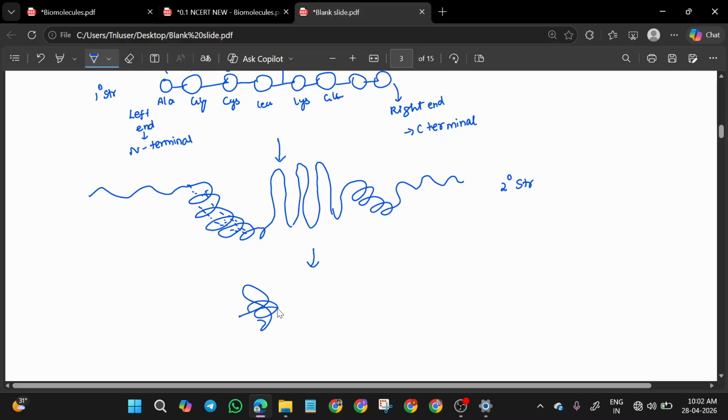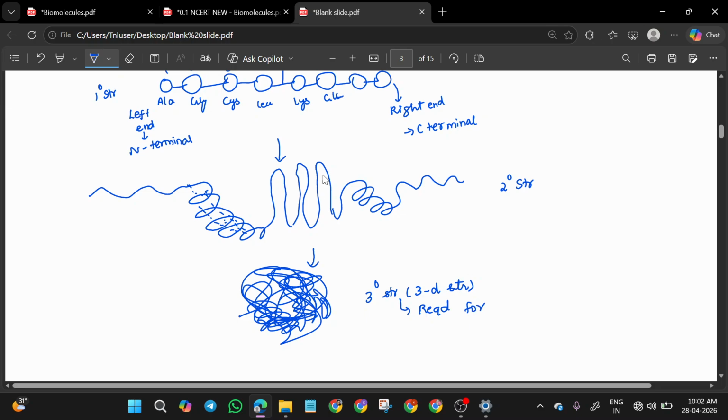So இதெல்லாம் சேர்ந்து நம்மளுக்கு இப்போ ஒரு ஹெலிக்ஸ் இருக்கு, then beta pleated sheet இருக்கு, then helix, beta pleated sheet. So இதெல்லாம் சேர்ந்து ஒரு உள்ளன் பால் like structure ஆ ஃபார்ம் பண்ணுச்சுன்னா so that is called as tertiary structure of protein. This is 3D structure. So it is the most functional, அதாவது it is required for activity of the protein. இந்த ரெண்டு ஸ்ட்ரக்சரில் ஆக்டிவிட்டி எதுவும் பண்ண முடியாது. But ஒரு activity பண்ணணும் அப்படின்னா இதுலயும் பண்ணலாம், but majority of the activity it is mostly done by tertiary structure.